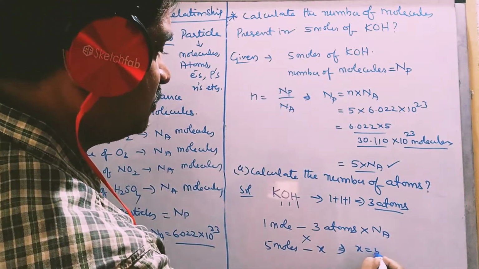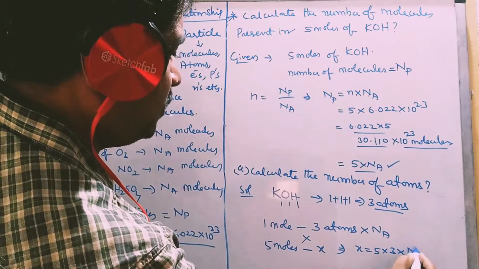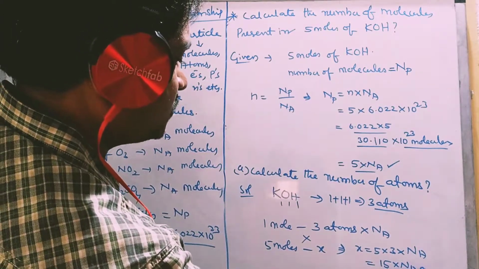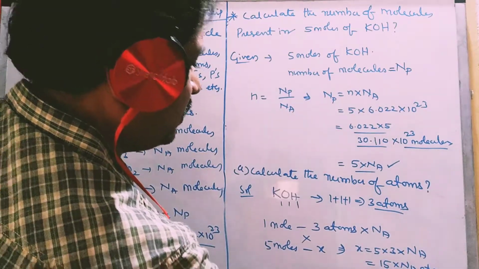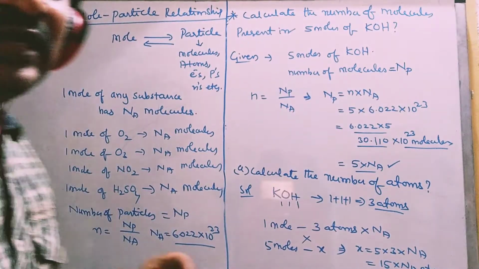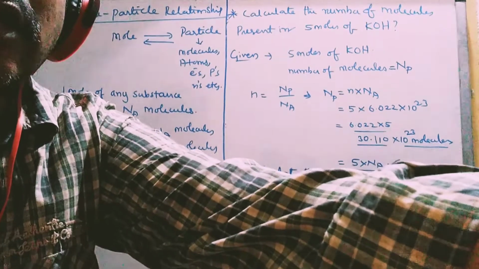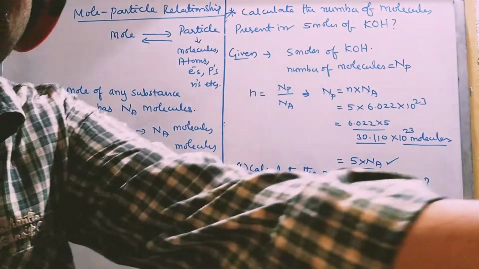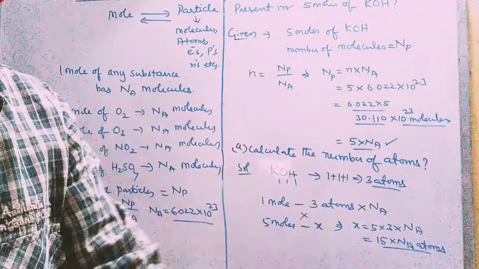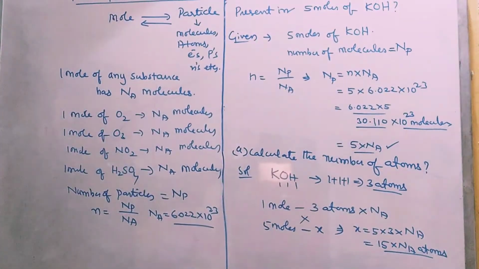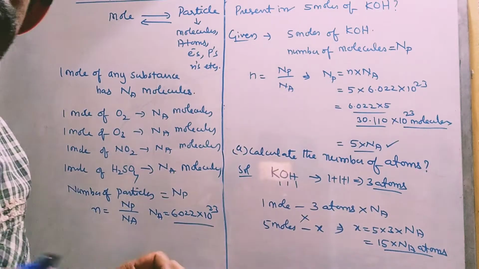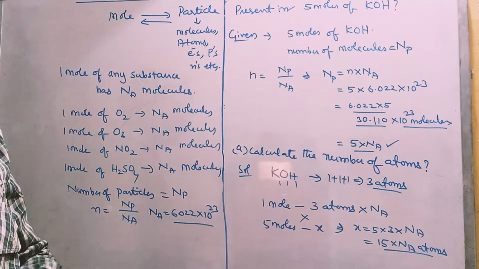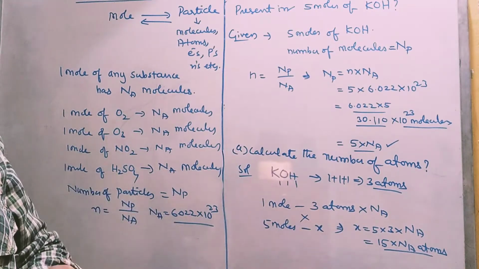X is equal to 5 into 3 into Na. So we get 15 into Na atoms. Whenever a question is asked related to atoms, you have to multiply with the number of atoms and Avogadro number. This is very, very important. So the final is 15 into Avogadro number.